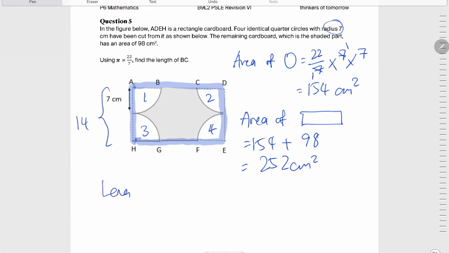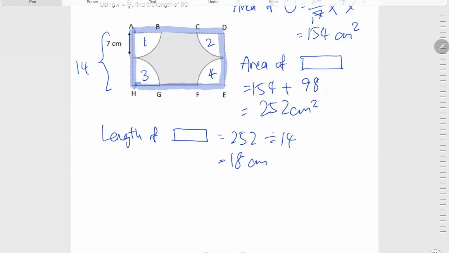So the length of the rectangle equals 252 divided by 14, which will give you 18 cm. Okay, and because you have 2 radiuses here, 7, 7, right? Length of BC would be 18 minus 7 minus 7 to give you 4 cm.